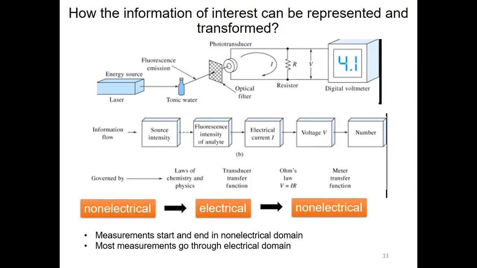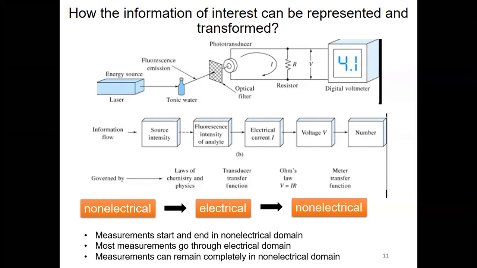That is the normal way of any instrument. But when we measure the signal, or do some analysis, it can be completely non-electrical domain too. The measurements can remain completely in non-electrical domain in certain cases.